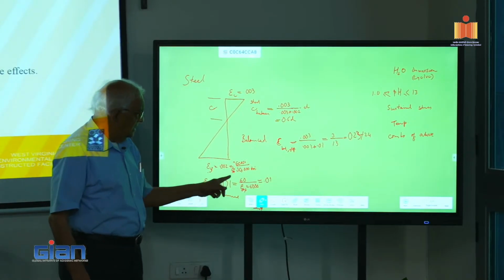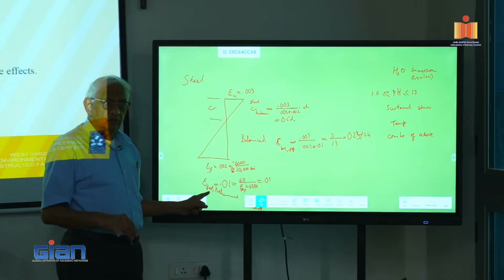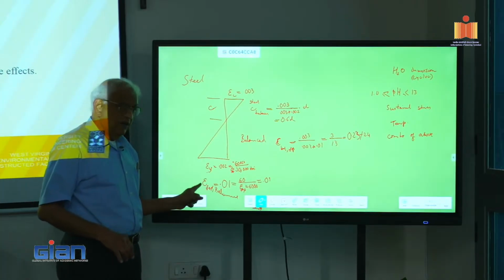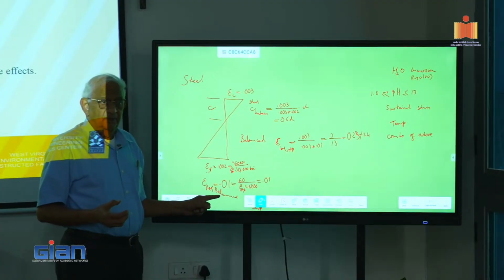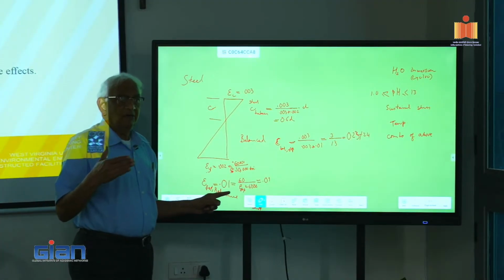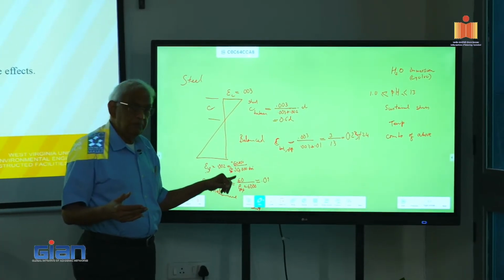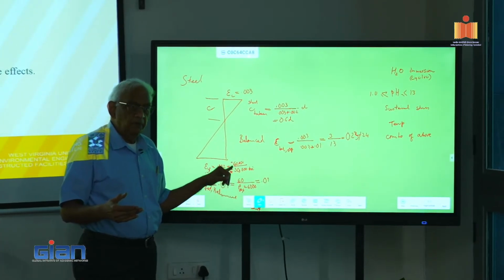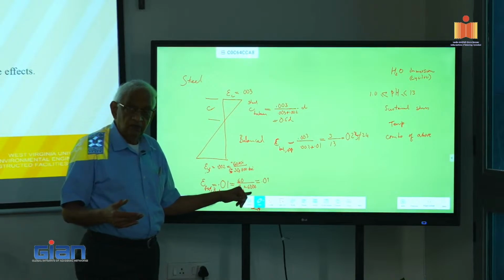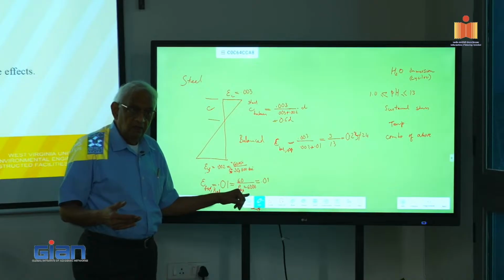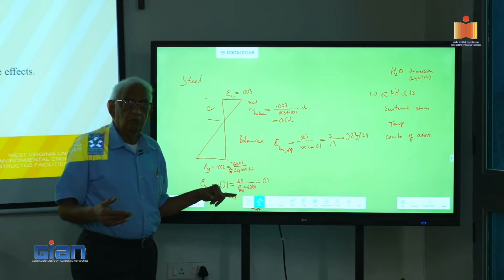Whereas what they did to arrive at the quote unquote FRP balanced strain number, they didn't have any better direction. Therefore, they said, I'm going to keep that same 60 KSI divided by the modulus, that is 6,000 KSI, that gives me 0.01.